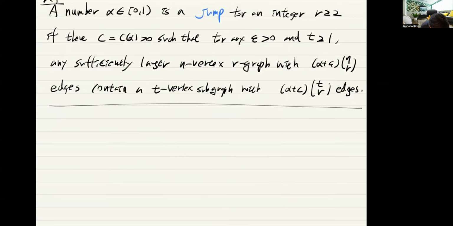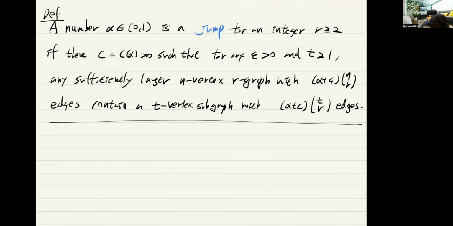So this is the right way to define this jump. And this shows that every alpha between 0 and 1 is a jump for 2-graphs.